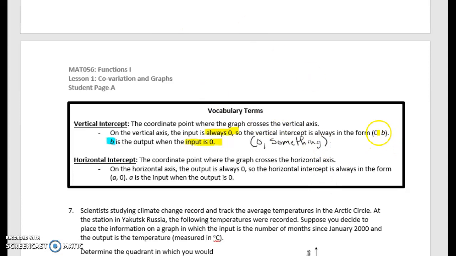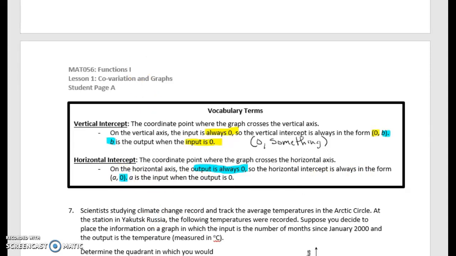Likewise, if I highlight the 0 there and the B there, the horizontal intercept is the coordinate point where the graph crosses the horizontal axis. The vertical is where it crosses the vertical axis. So on the horizontal axis, the output value is always 0. And so the horizontal intercept is also some value that ends in 0.